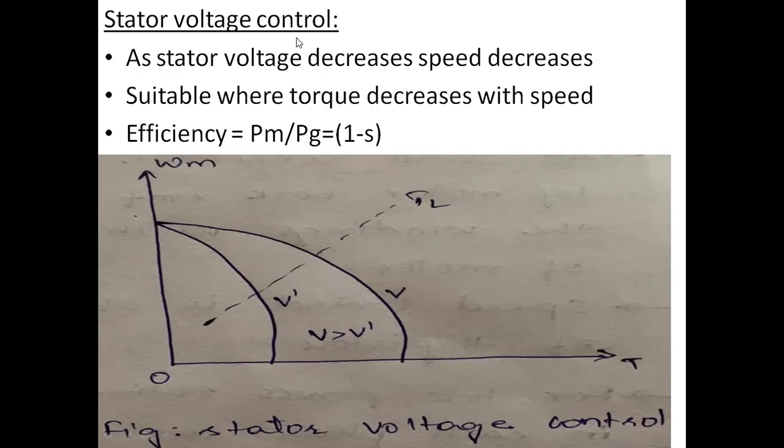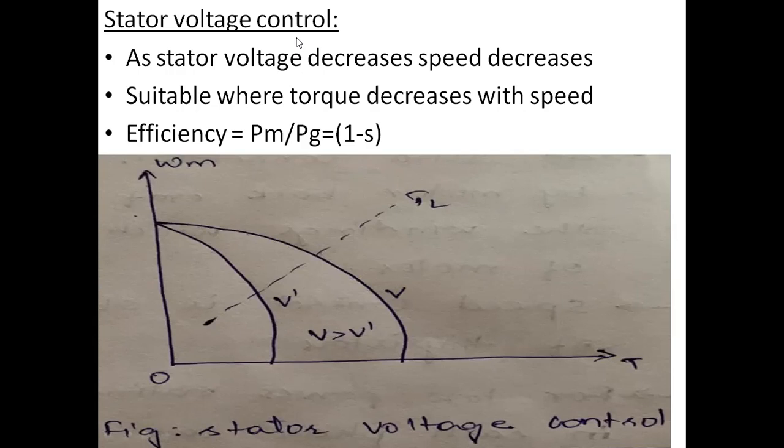If that is okay for my application, then I can use this type of method. Actually, this method is mainly used in fans and pump drives, and also when the copper losses, core losses, and friction and windage losses are neglected.